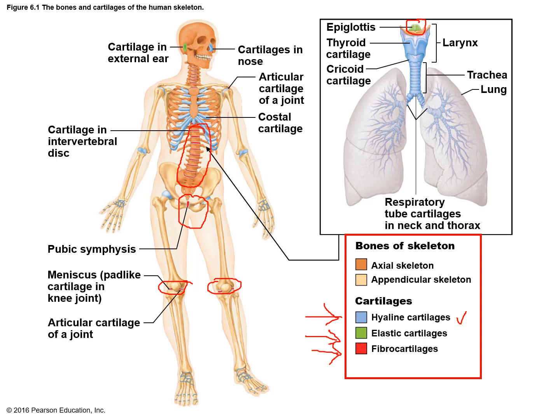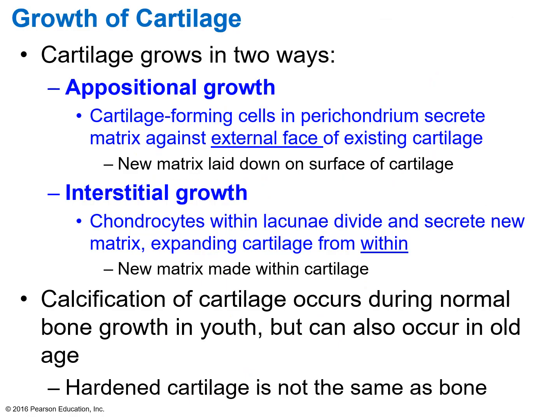Now, the next slide will discuss growth of cartilage, and it basically states that there are two ways that cartilage can grow. One will be from the outside onward, and one will be from the inside.